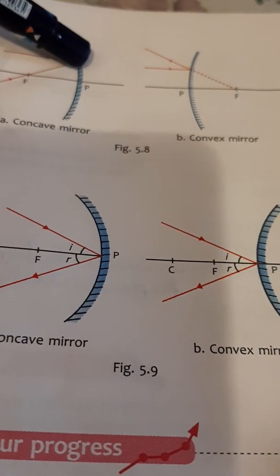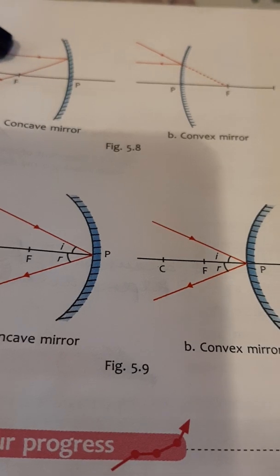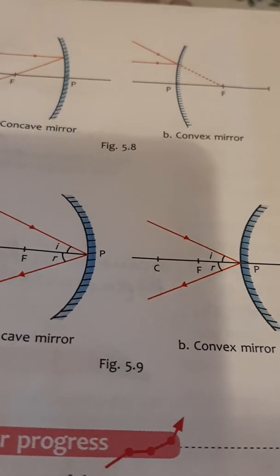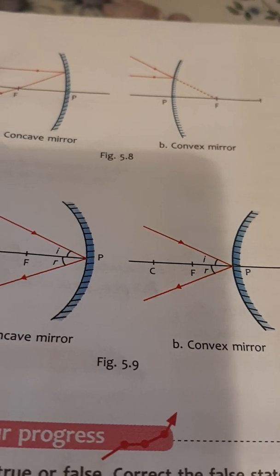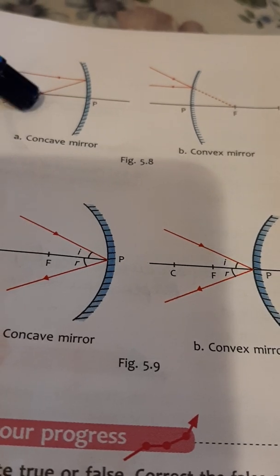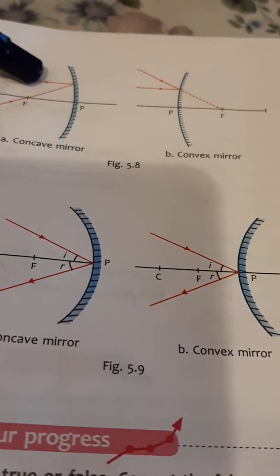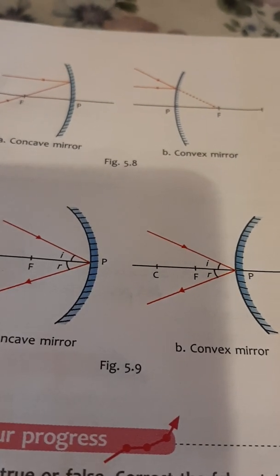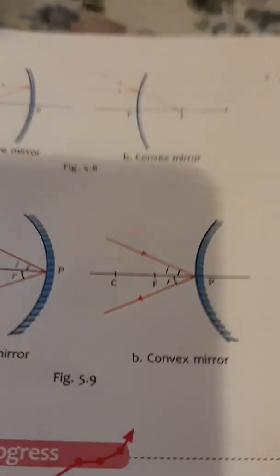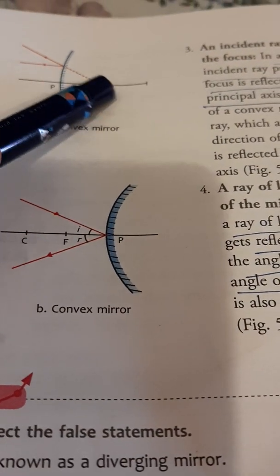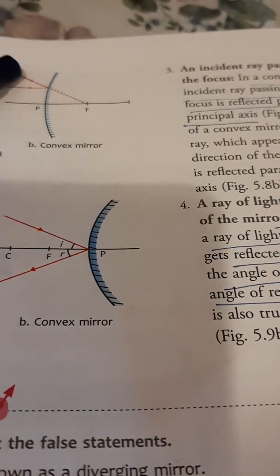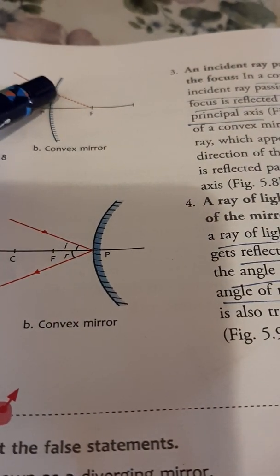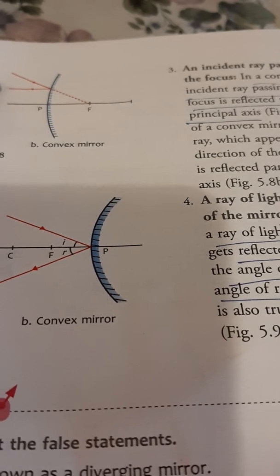After reflection, it will become parallel to the principal axis. Likewise, this ray appears to pass through the focus, so it will become parallel to the principal axis.